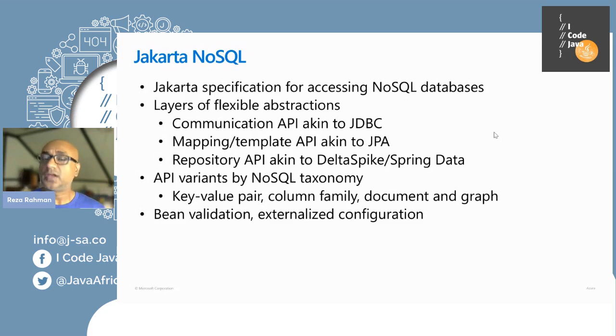So there is key value pair, and that is simply, as you can imagine, a key and a value. You have an object in your database, and then you have a key for it, and you can retrieve that object via its key. That's key value pair. Then you have column family. This is a variant of key value pair, where you're still accessing the data using a key, and the data is a value stored that maps to that key.